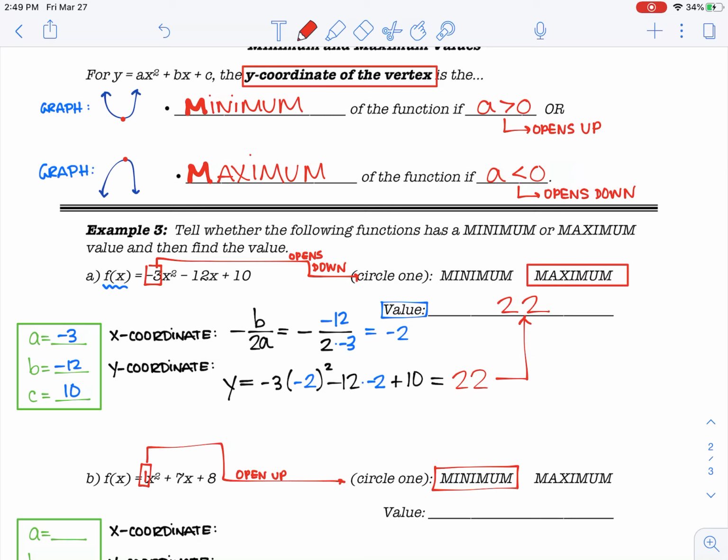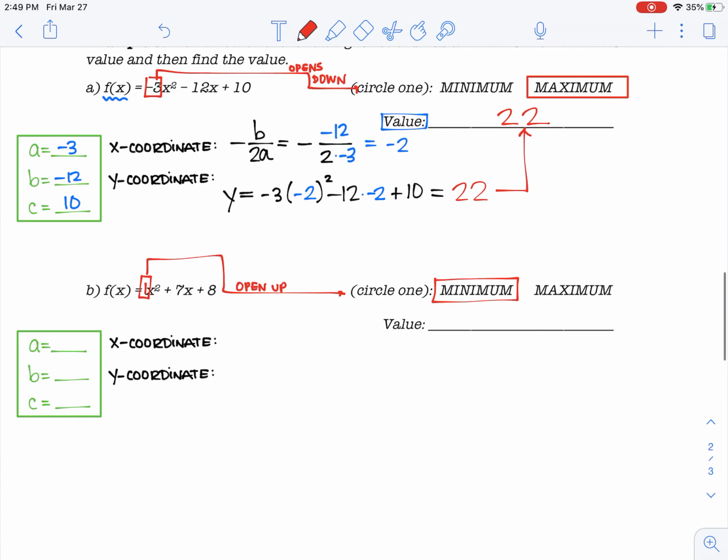Now, anytime we do a duplicate type of problem, feel free to pause so that you can work out the next problem on your own. See if you get the right value, then push play and see if it works out correctly.